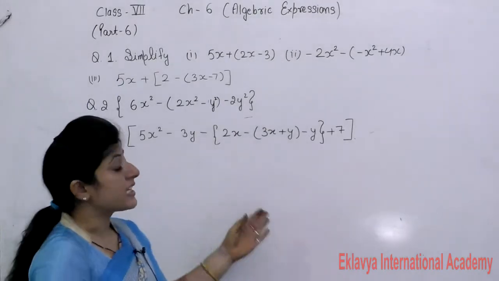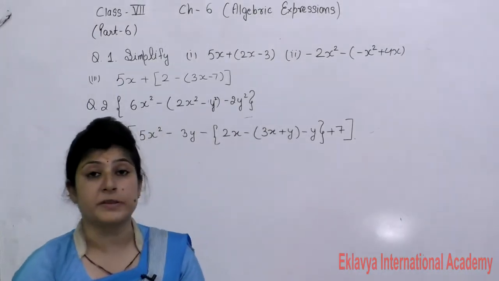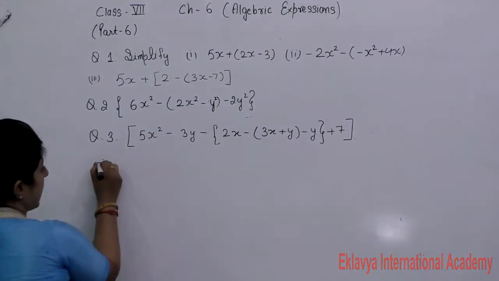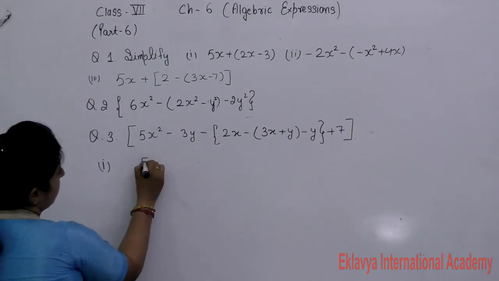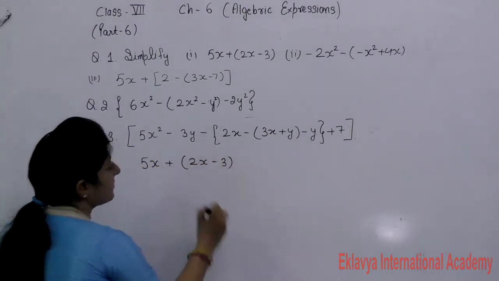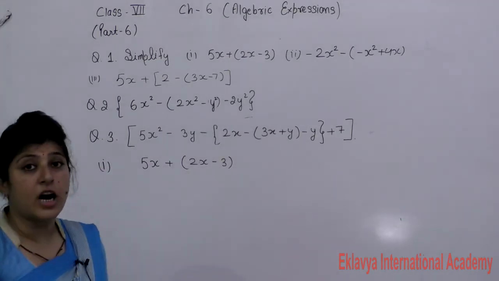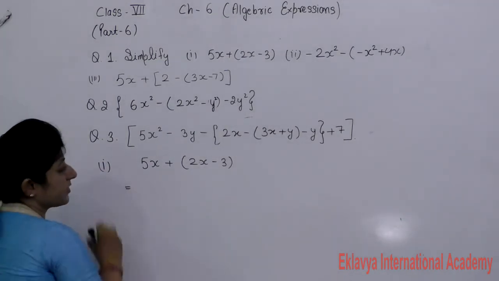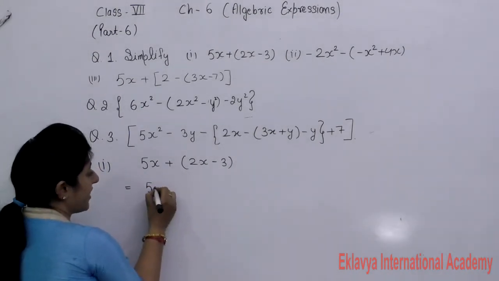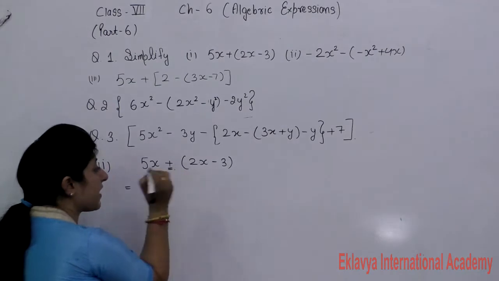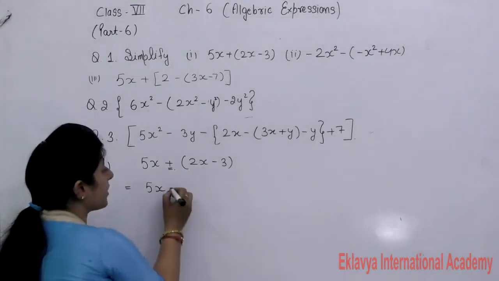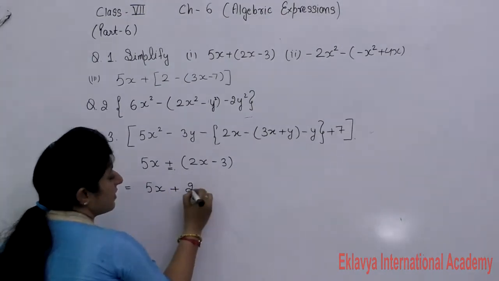So some examples are here, we will solve them. See question number first, part first: 5x plus 2x minus 3. How to solve it? See, there is only one symbol before the bracket, plus. I already said when we have the plus sign, there is no need to change the values.